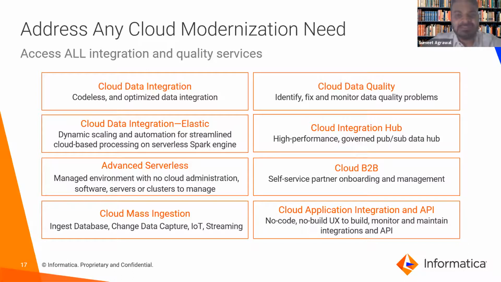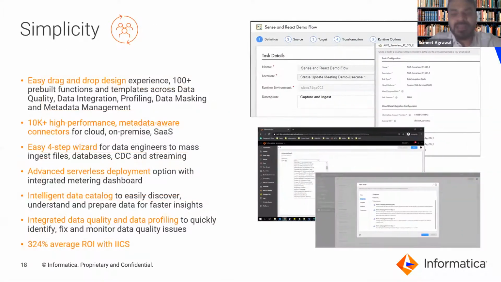This is just to recap that our cloud modernization is available for all our integration and quality services, whether it's cloud data integration or data quality. All of that is part of our cloud modernization journey. Now let me go back to the design principles I mentioned: simplicity, productivity, and scale.